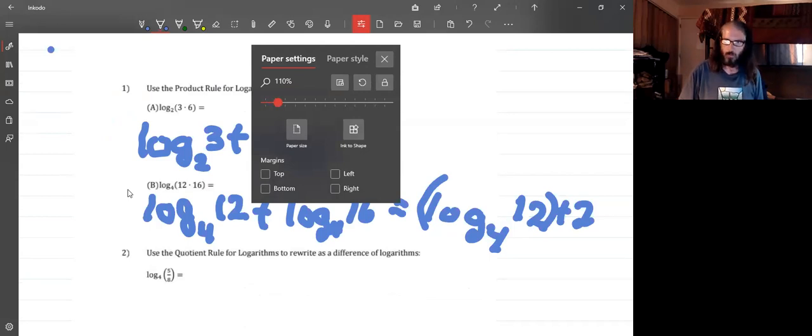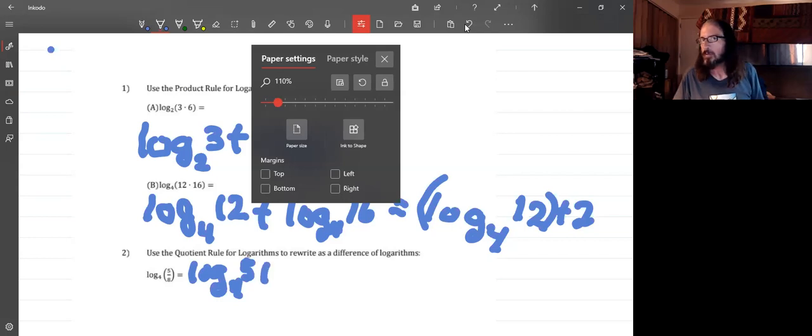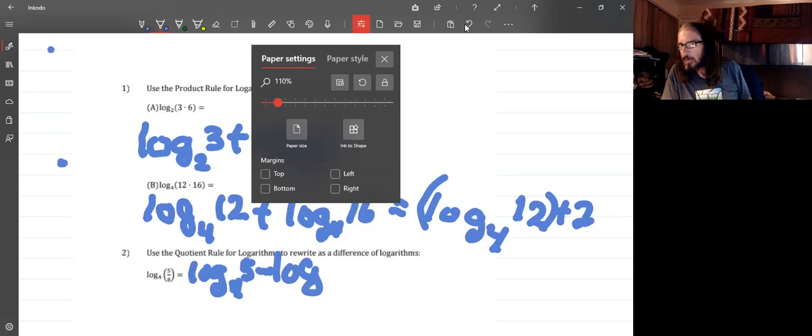So we're going to have log of 5 base 4 minus the log of 8 in base 4. And you can do the same thing I did in 1A to check on the calculator if you would like to feel more confident in your answer.